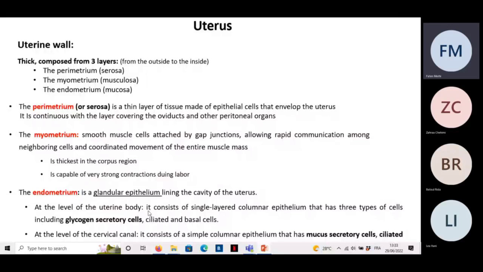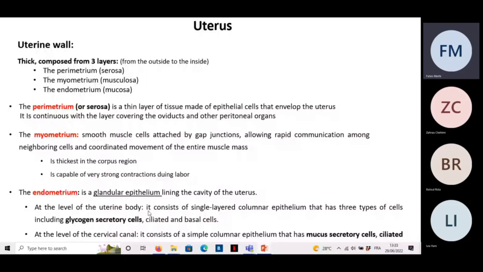At the level of the cervical canal, it consists of simple columnar epithelium that has mucous secretory cells, ciliated and basal cells.